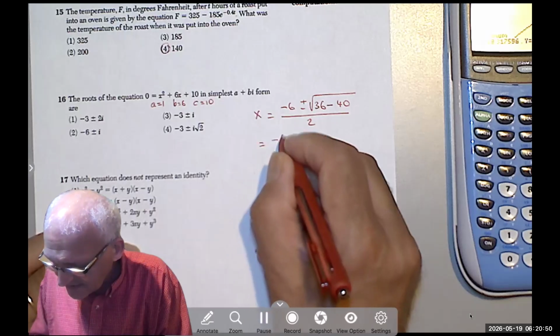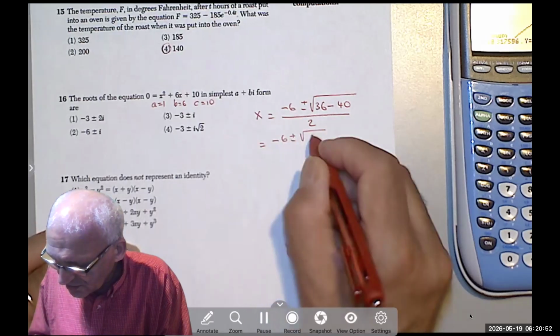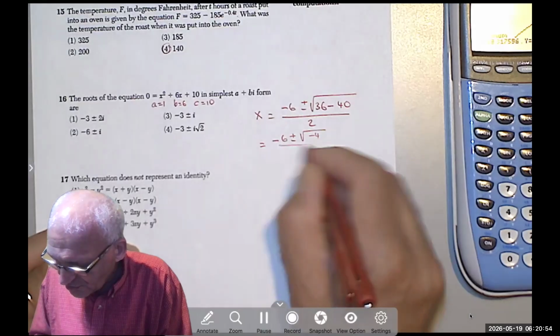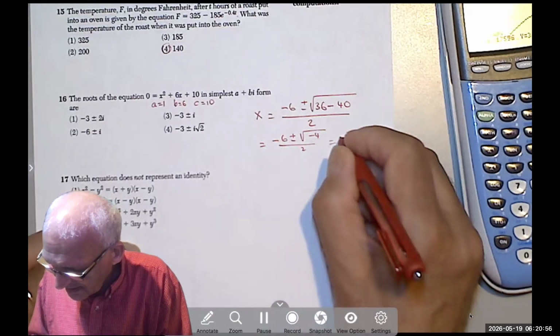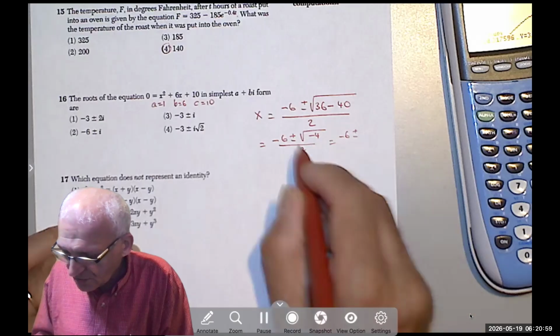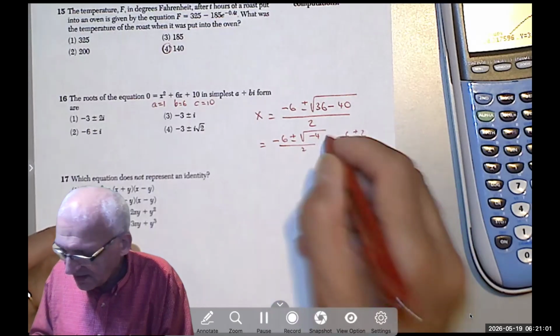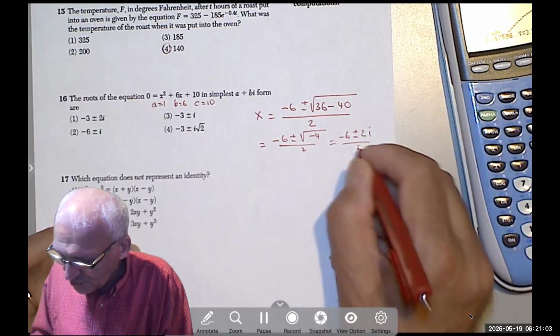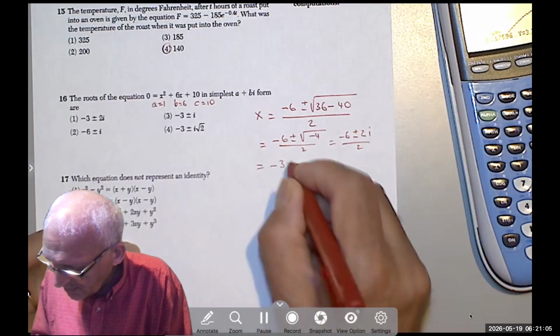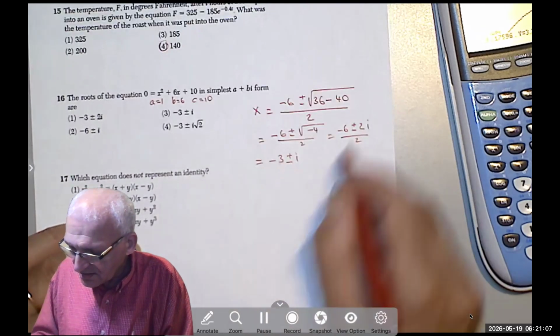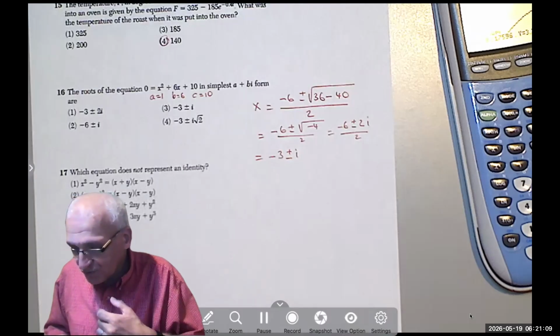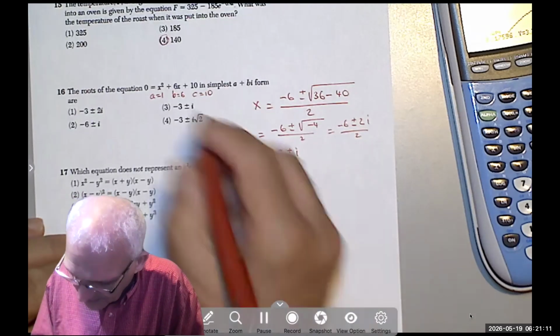So this is negative 6 plus or minus the square root of negative 4 over 2. This is negative 6 plus or minus, square root of 4 is 2, square root of negative 1 is i, over 2. So it's negative 3 plus or minus i, since I simplify top and bottom by 2. So it should be 3.